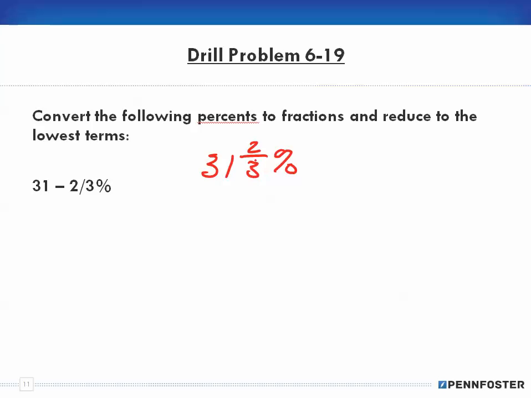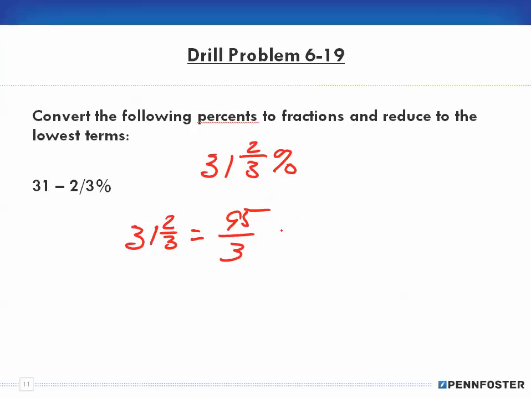In order to do that, I'm going to multiply the 3 times the 31, which gives me 93, and then add my numerator, which gives me 95. 93 plus 2 is 95 over 3. So the 31 2/3 in mixed number form is the same as 95 thirds in fraction form.